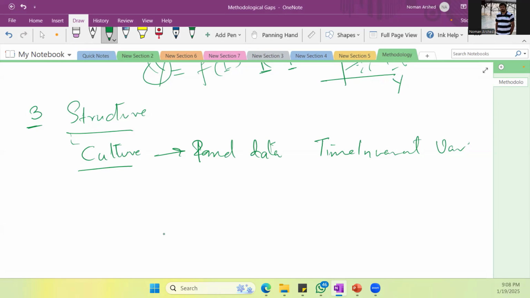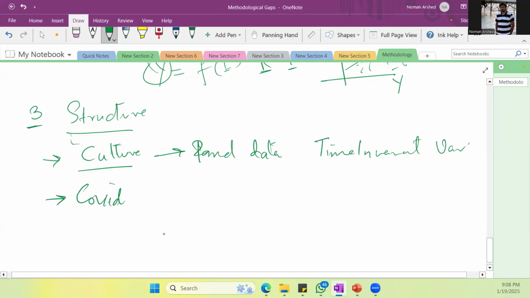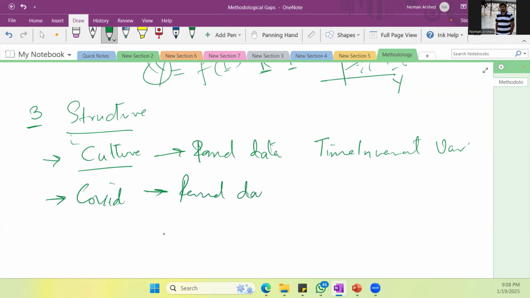The other way around is that, so the structure I explained with one example. Another example can be when COVID was here, everyone was trying to make a paper, but the data was very small. It was a time series data, but with very few time periods. So what they did, they made it a panel data or a cross-section data to see the effects.